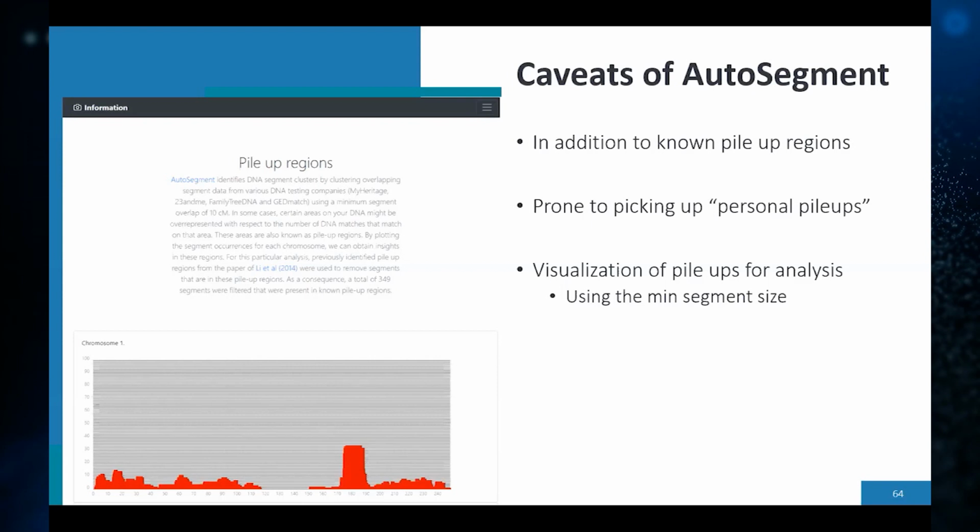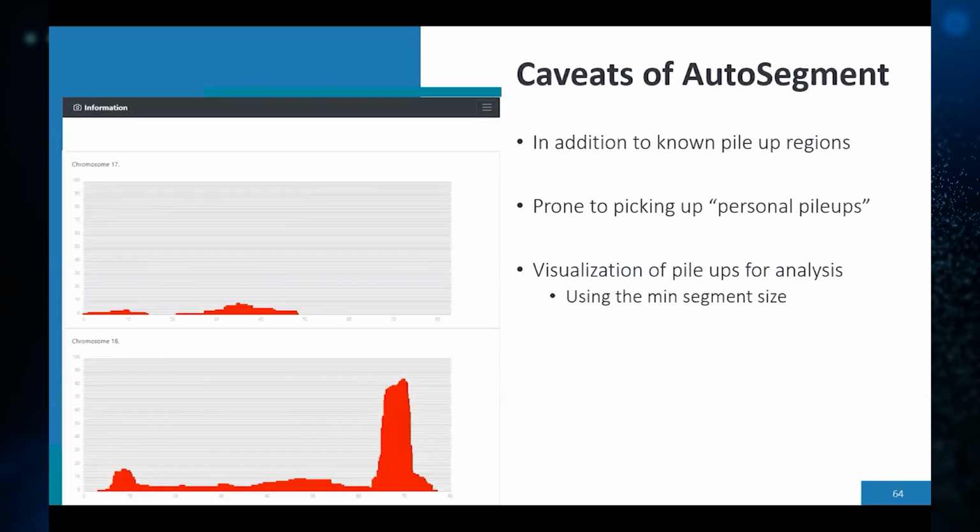So this is still okay. But then there's a region on chromosome 18 that is much higher. Again, the identification of personal pileups is pretty difficult. It's quite subjective sometimes. I try to come up with some objective rules, but it's still difficult. I'm still a little confused.